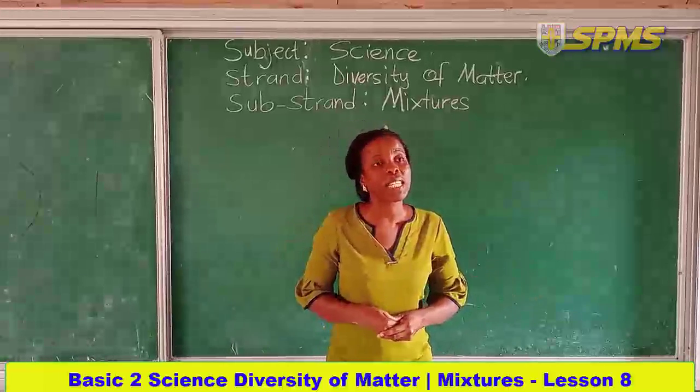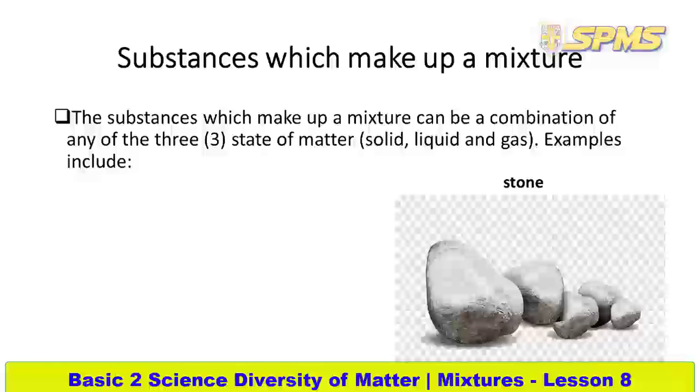The substances which make up a mixture can be a combination of any of these three states of matter. Listen very carefully. The substances which you can put together can be the combination of the states of matter we've talked about. What are the states?